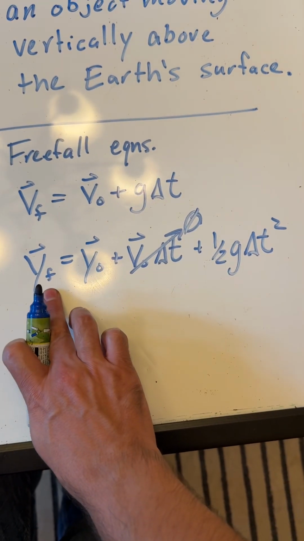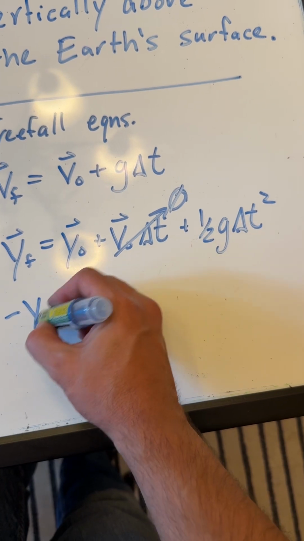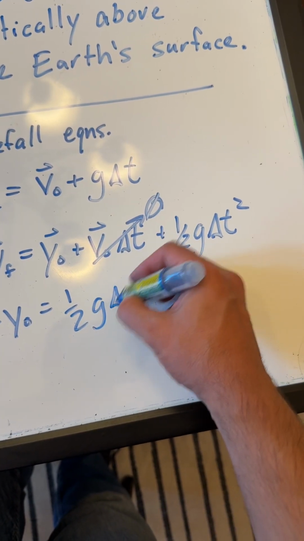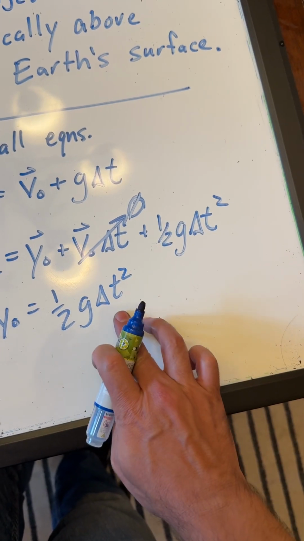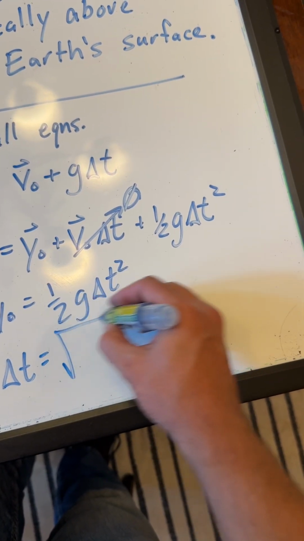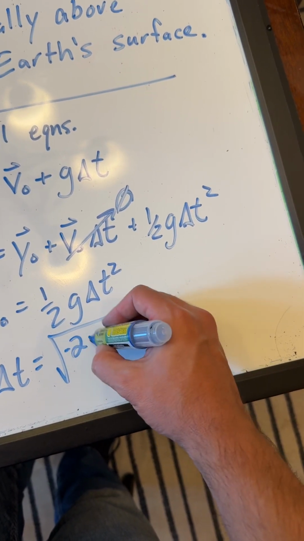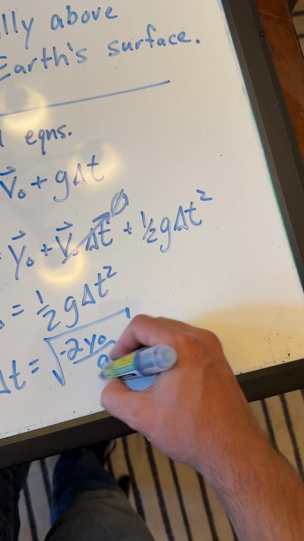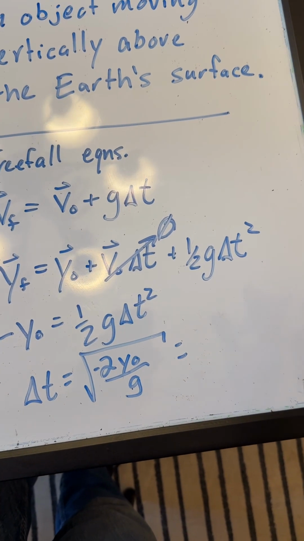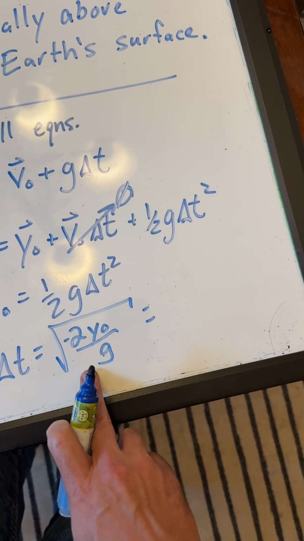Y final is also going to be 0 because we're landing on the ground. So we would do negative y naught is equal to 1/2 g delta t squared. And then to get that delta t by itself, we would end up with the radical of negative 2 y naught over g. You might have solved your algebra a little bit differently, six of one, half a dozen of the other, if you've got a 1/2 g down here at the bottom.